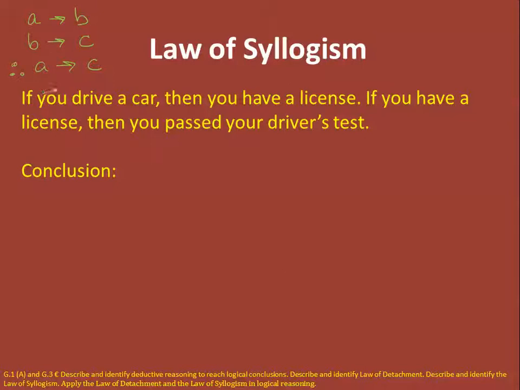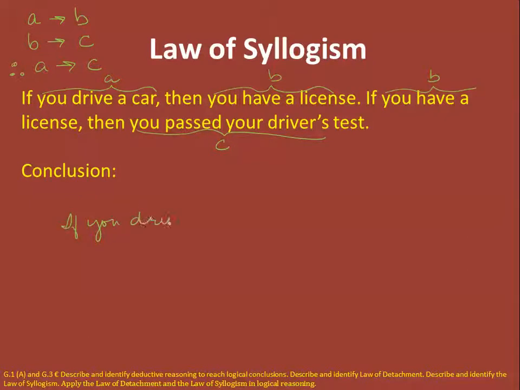So you drive a car, that's your A phrase. Then you have a license, that's your B phrase. If you have a license, that's also B. Then you passed your driver's test, which is C. So let's put A and C together, and that will be our conclusion.